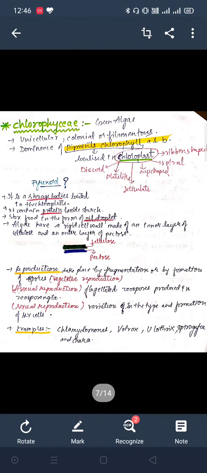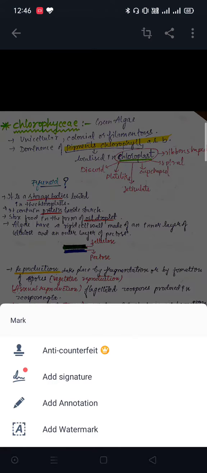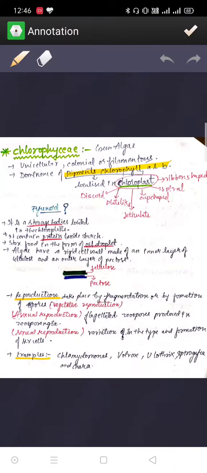Okay, what is Chlorophyceae? Chlorophyceae is generally known as green algae, because it has chloroplast, or dominance of chlorophyll A and B. The chloroplast is discoid in shape, plate-like, reticulate, cup-shaped, etc. So what is pyrenoid? It is a common question that arises in our mind.